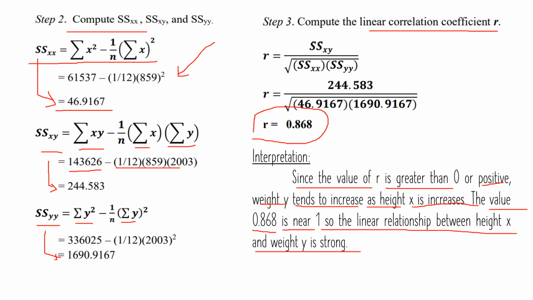But in this case, with the data that we gathered, your y tends to increase as height x increases. And that is true. When your height increases, it's automatic that your weight also increases. So the relationship between weight and height is strong. So that will be a strong positive correlation because the computed value here is a positive value.